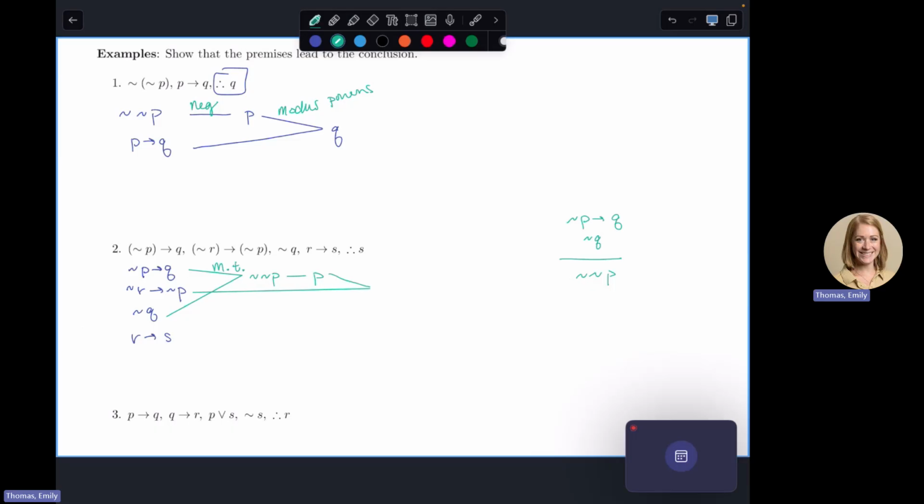See how this could get messy organizationally? So on this one, we have not R implies not P. Oh, it would help if I wrote down the letters correctly. Not R implies not P. And then we have P, so we should get not R there, with also modus tollens.